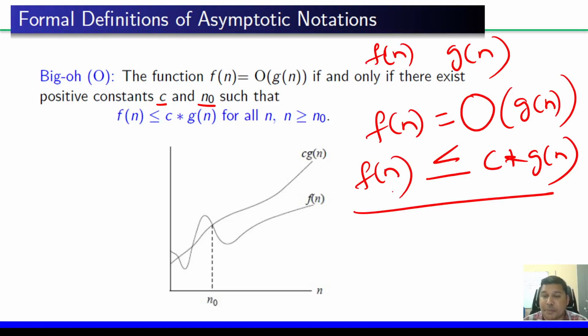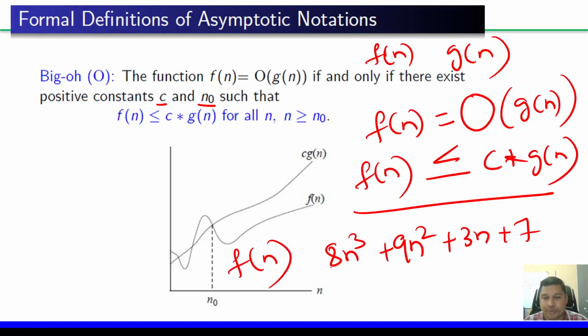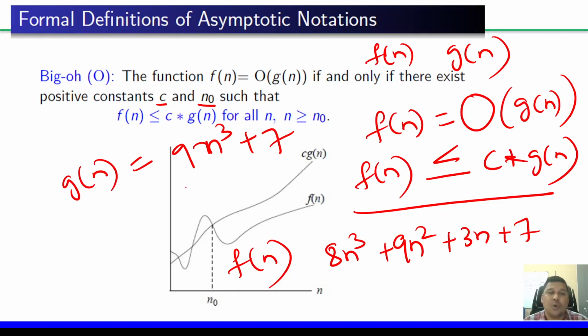It means, if we see some simple example, 8n cube plus 9n square plus 3n plus 7. This is f of n, assume. And g of n can be another function, such that if I take it as 9n cube plus 7, only this much is there.